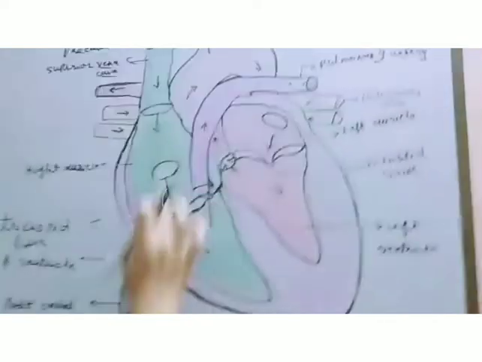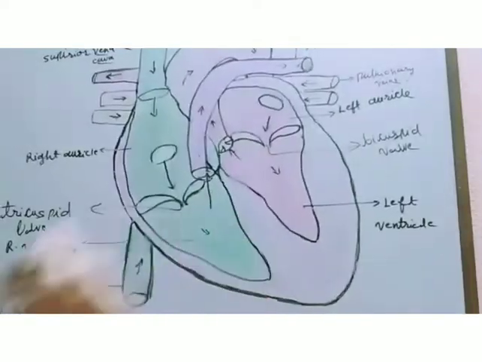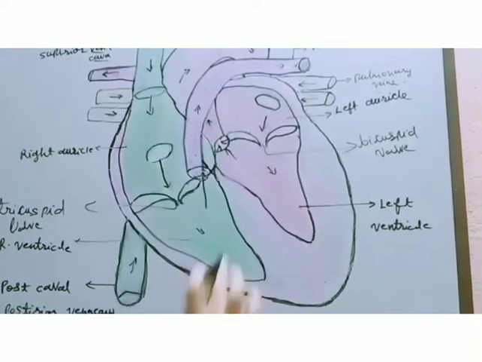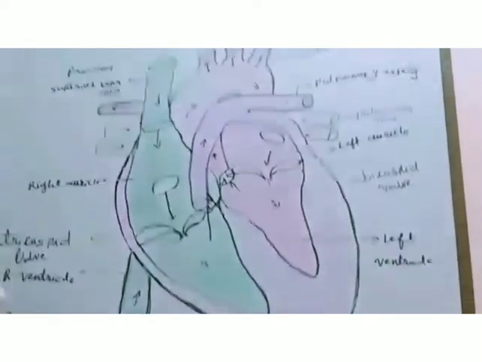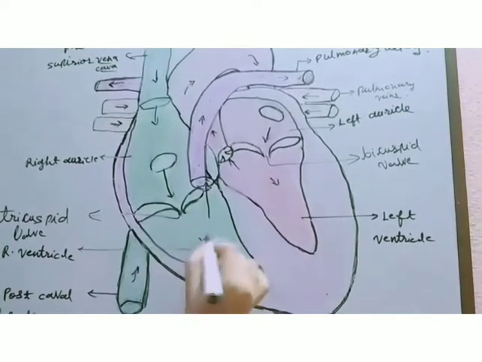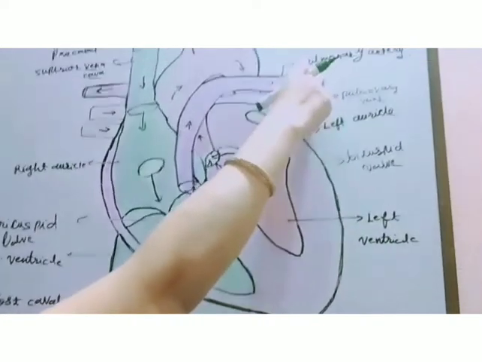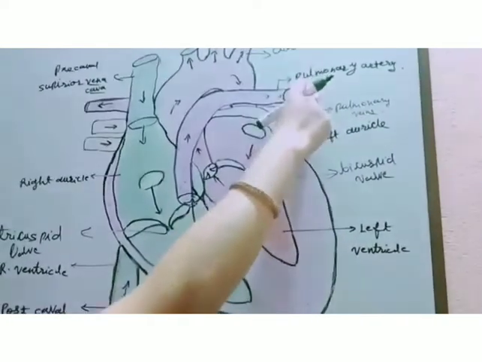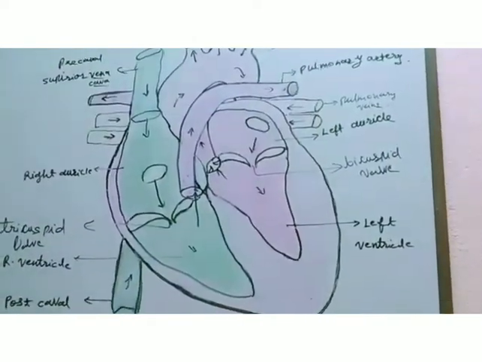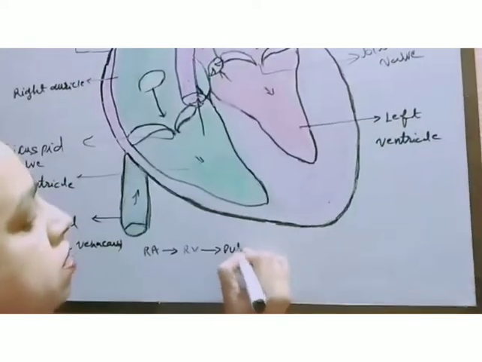Then it is transferred to the right ventricle. From the right ventricle, it is received by the pulmonary artery, and this pulmonary artery carries the deoxygenated blood to the lungs.